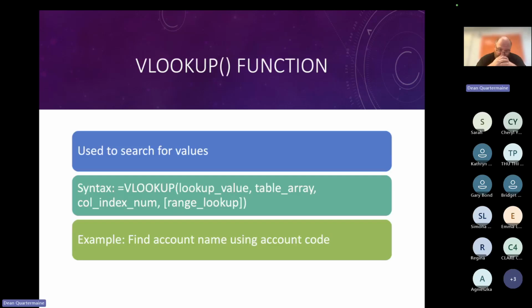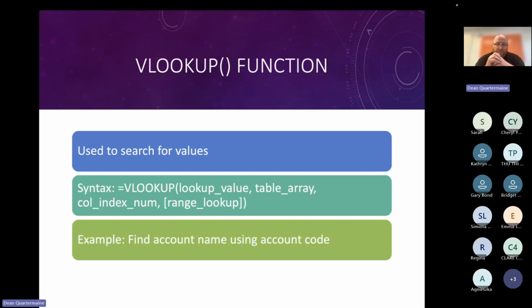So the syntax, or how we do this in an Excel spreadsheet: it's a function, so it's preceded with an equal sign. So =VLOOKUP, and then this is where it starts to get complicated. The first thing is, what is it you want to look up? What is the value that I want to look up in this big long list of values?